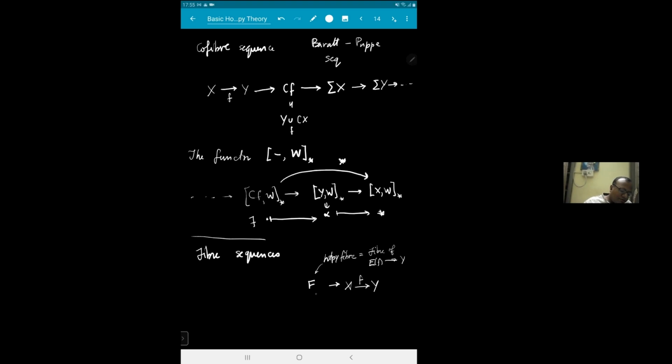Now it turns out if I apply the same construction to the next map, then what I get is the base loop space of y. And the next one gives you the base loop space of x, and so on. And again, here, if I apply this functor, this gives a long exact sequence of pointed sets.